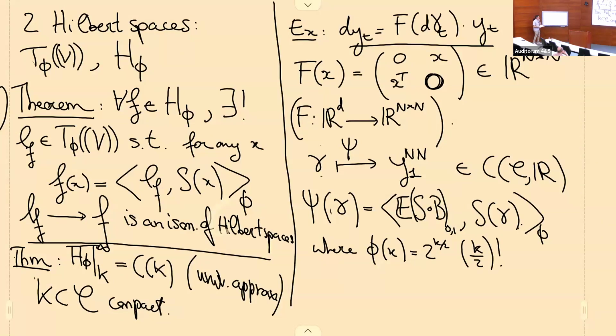So you can realize this function on path space as a linear function on the signature. This is not very surprising, but the linear part is the expected signature of Brownian motion, where the integrals are interpreted in the Stratonovich sense.